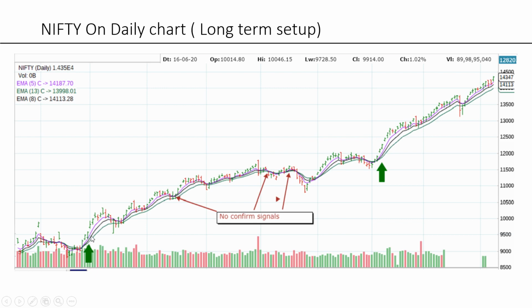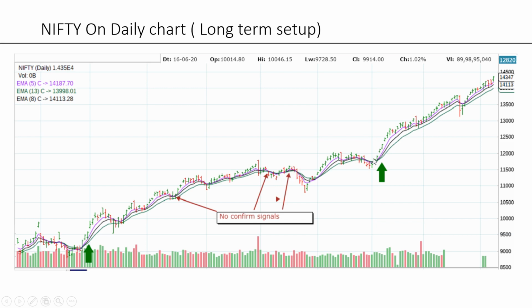We have a clear buy signal on Nifty where the 5 EMA was above the 8 EMA and the 8 EMA was above the 13 EMA, and if you look, this signal was continuously maintained for at least 6-7 months until 11,500, where it made a small sell signal.